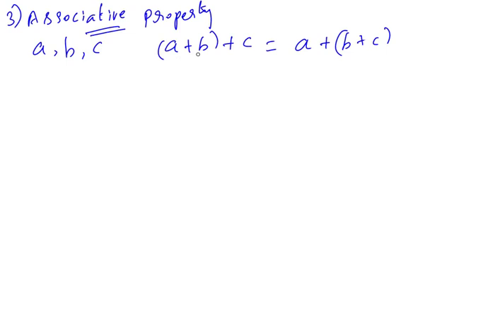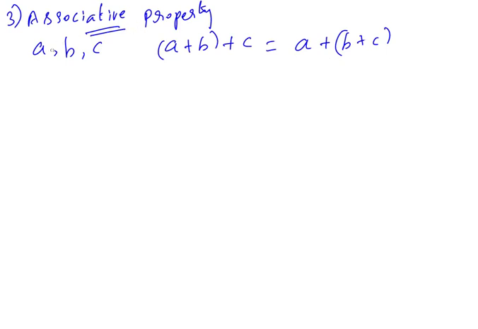On the LHS, A plus B will be added first, and with that sum we add C. On the RHS, B and C are added first because the bracket should be removed first. With that sum, we add the rational number A. If we get the same sum on both sides, LHS and RHS are equal, then we can prove rational numbers are associative under addition.